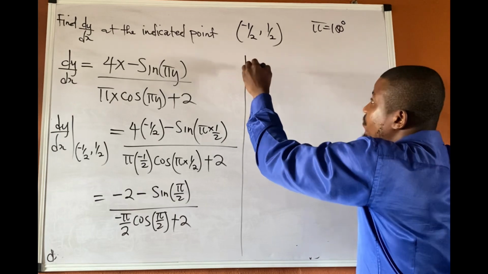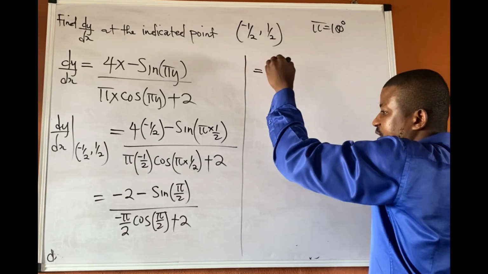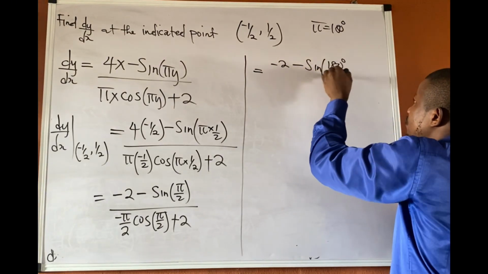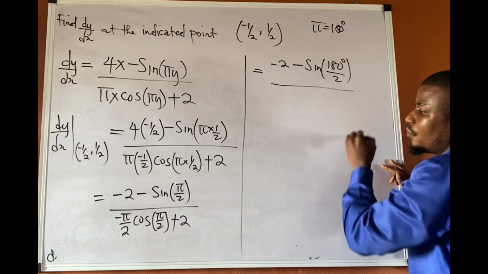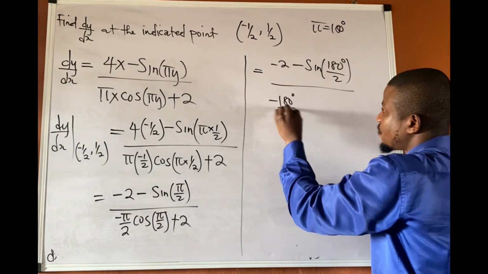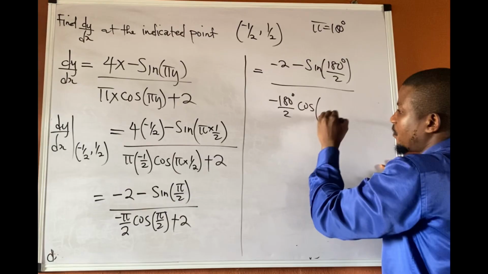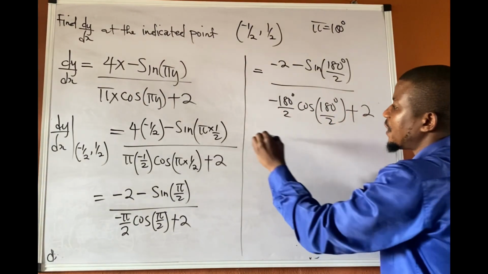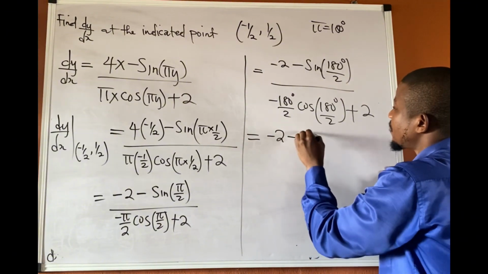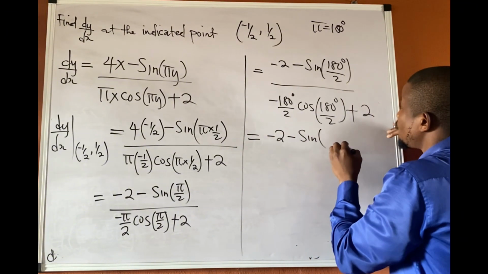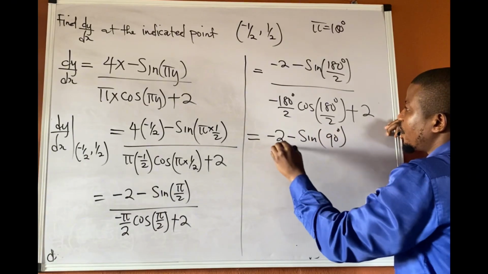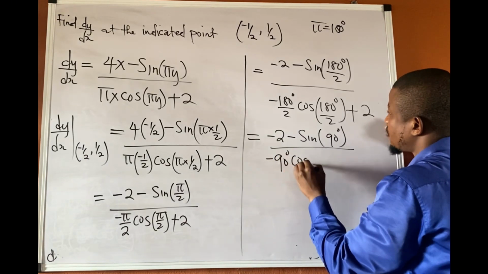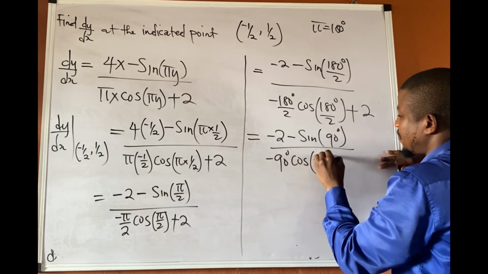So this will be negative 2 minus sine 180 degrees over 2, all over negative 180 degrees over 2, cos 180 degrees over 2, plus 2. If we continue, you have negative 2 minus sine of 180 divided by 2, which gives us 90 degrees, all over negative 180 divided by 2, which is 90 degrees, cos 180 divided by 2, 90 degrees.